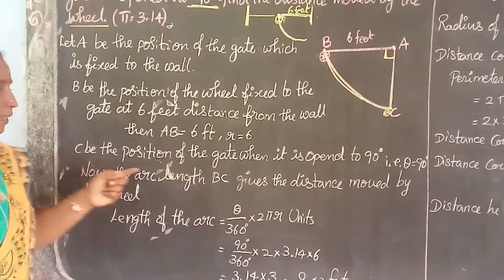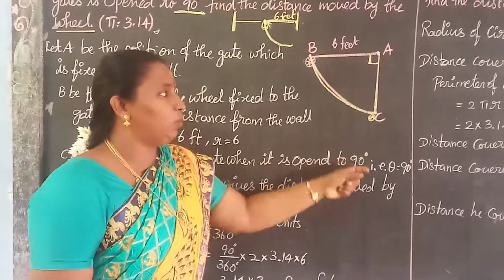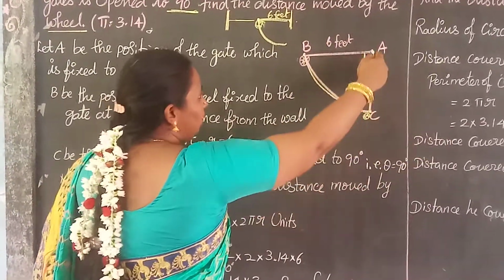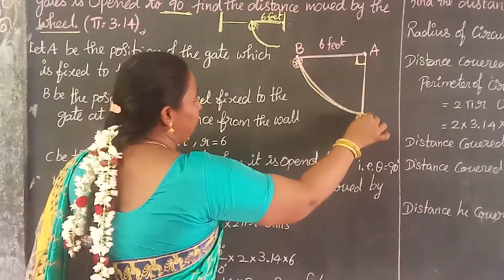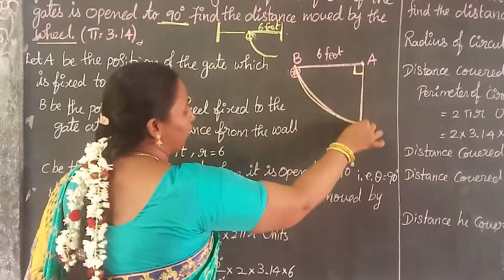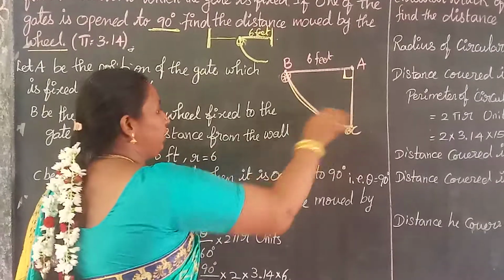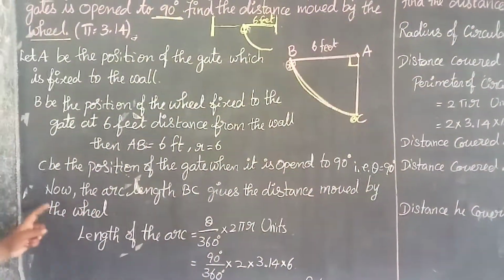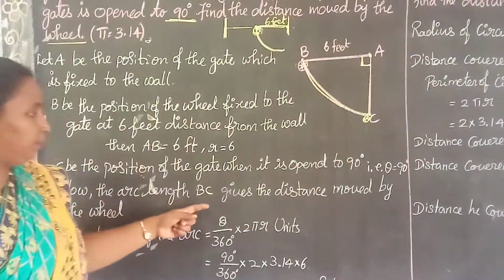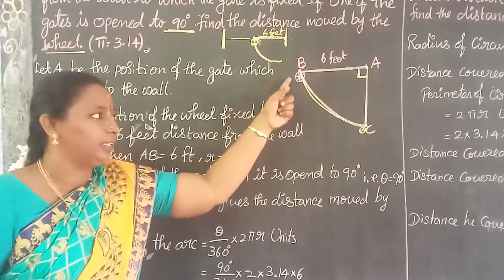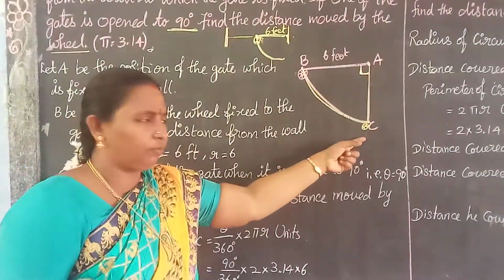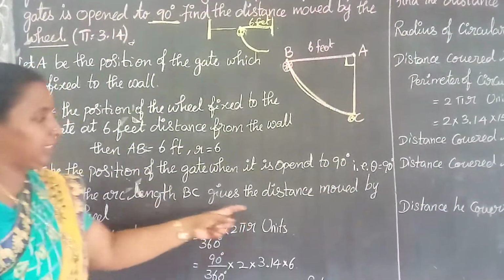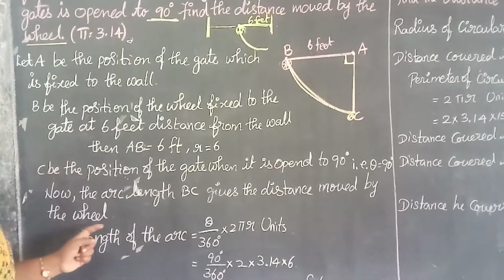Next, let C be the position of the gate when it is opened to 90 degrees. AB is the gate. If you open it 90 degrees, BC becomes the traveling path of the wheel. C is the position where the gate opens to 90 degrees. Now we are going to find the arc length BC, this traveling distance of the wheel. BC gives the distance moved by the wheel.